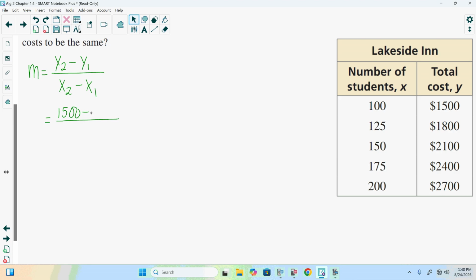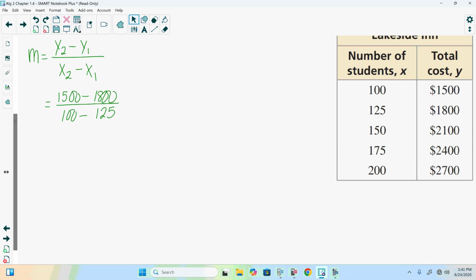Since it's a y value, it goes on top, and its corresponding x value goes on bottom, which is 100. What other y value can we pick? 1,800. Does it really matter which y we pick? No. But once we pick it, we need to pick its corresponding x value, which is 125.